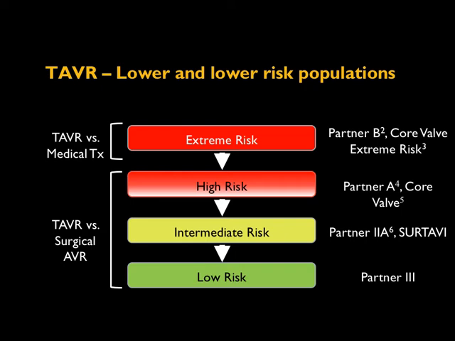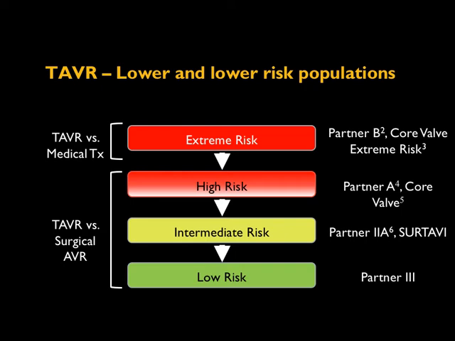That's the top of this chart here. Those were considered the extreme risk patients. In those patients, the risk of death for surgery was so high that they cannot have their valve surgically repaired. The trial was constructed such that patients would be randomized to either medical therapy or transcatheter aortic valve. And sure enough, the transcatheter aortic valve performed quite well and better than medical therapy.